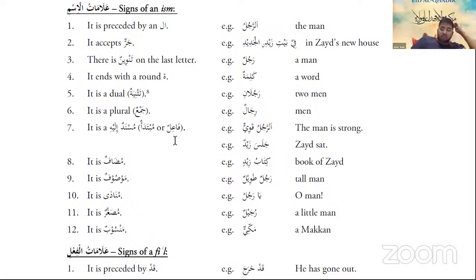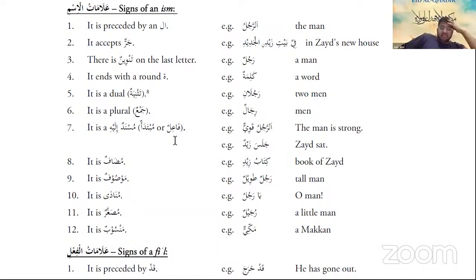If it's an adjective, it follows the noun. No, if it's an adjective, then it should have alif lam. Qawiyun does not have alif lam. Okay, then ar-rajulu al-qawi could be adjective. So here there's just subject and predicate.